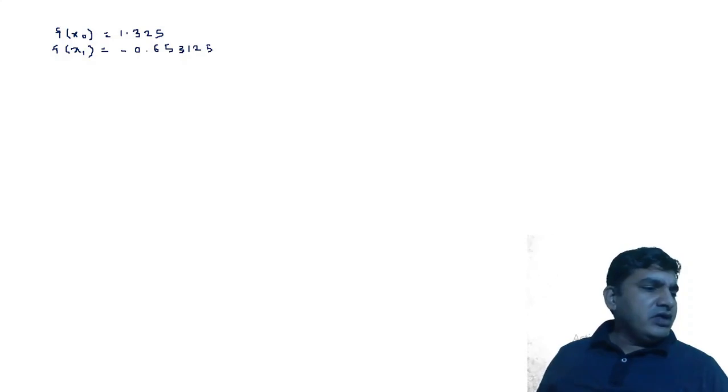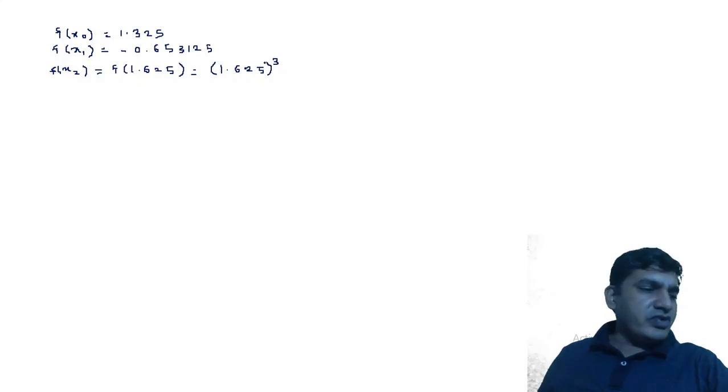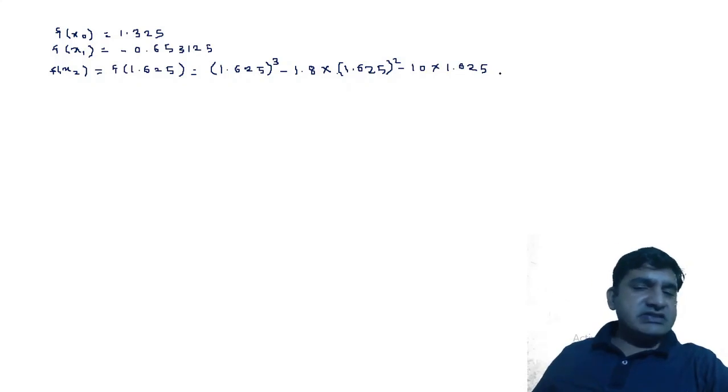Now f of x2, where x2 is 1.625, is 1.625 cube minus 1.8 into 1.625 square minus 10 into 1.625 plus 17.